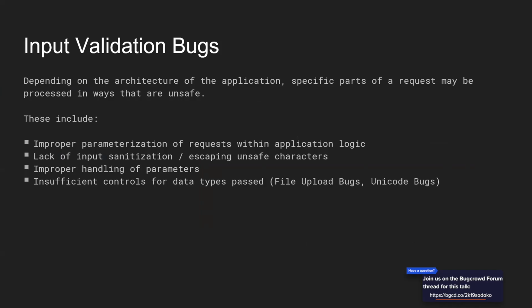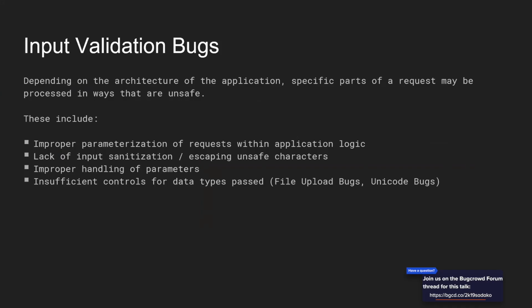Depending on the architecture of the application, specific parts of the request may be processed in unsafe ways. You see this with any sort of web application, whether it's an API or an older application. The common bugs would be improper parameterization of requests within the application logic. So are they just concatenating variables in input together and treating all input as trusted?